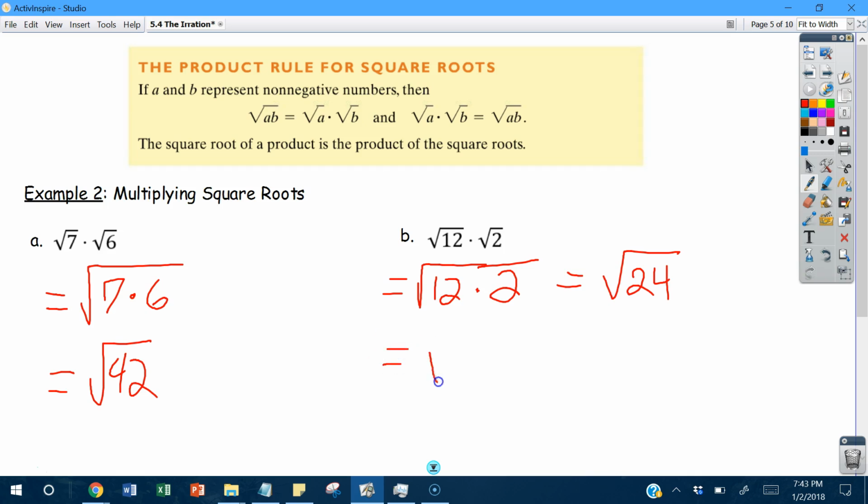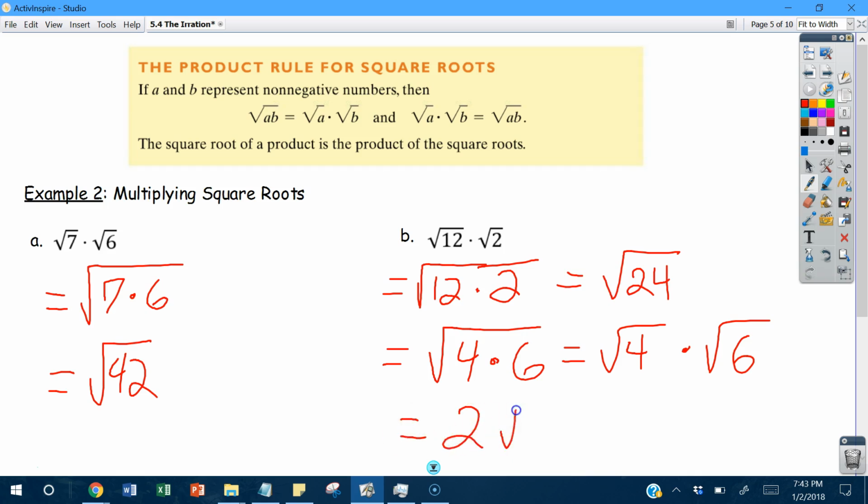So if I can break down 24, I'm sorry, didn't mean to write that. I can break down 24 into 4 times 6. Those are just two numbers that multiply to give you 24. And 4 is a perfect square, just like we did in the last examples. We can pull those perfect squares out to simplify this radical. So I'll write this as the square root of 4 times the square root of 6.